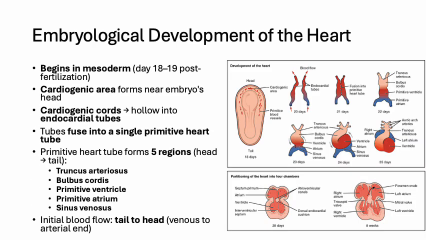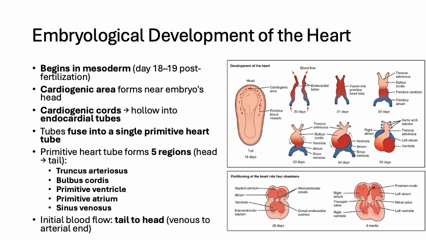Let's dive into how the heart actually starts forming in the embryo. Around day 18 to 19 after fertilization, a region called the cardiogenic area forms in the mesoderm, one of 3 primary germ layers. This area is located near what we call the head of the embryo. The heart forms early and high up because of how critical it is to early survival and nutrient distribution.